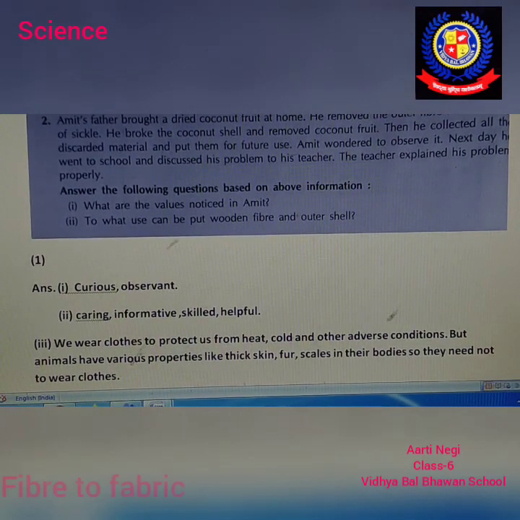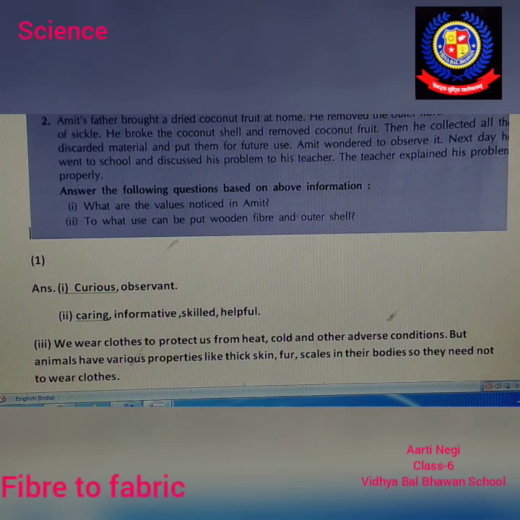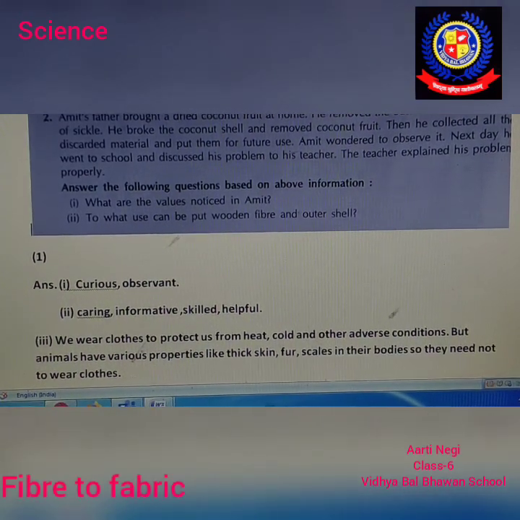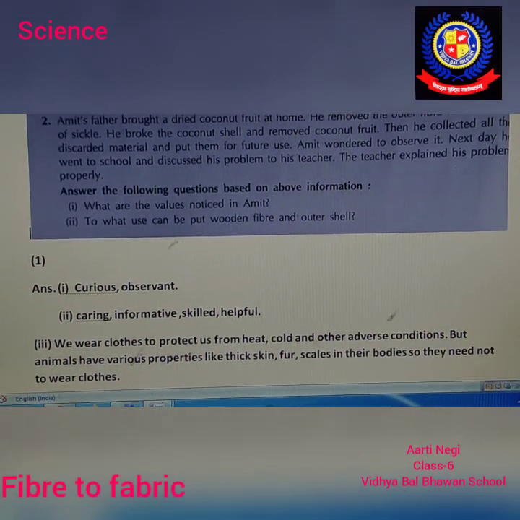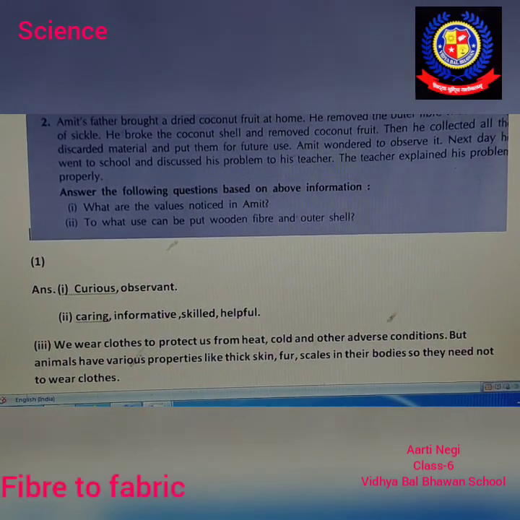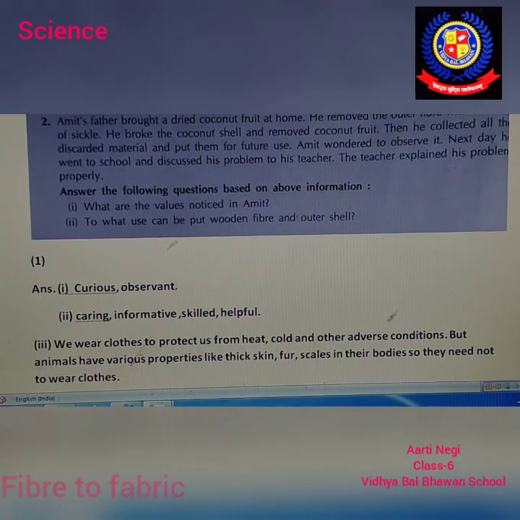And third question, why do we wear clothes and not the other animals? So we wear clothes to protect us from heat, cold, and other adverse conditions. But animals have various properties like thick skin, fur, scales on their bodies, so they need not wear clothes.